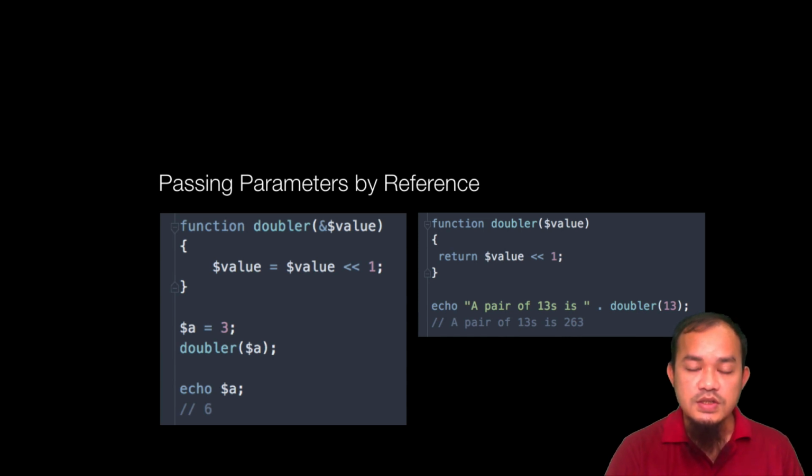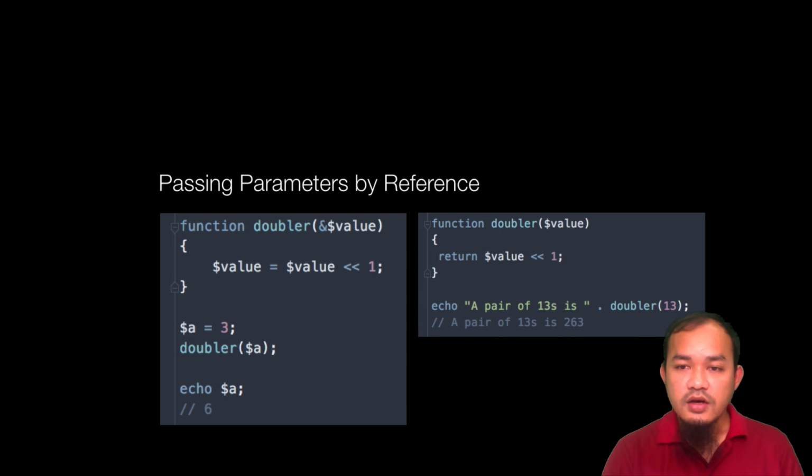Then we do some statement, value equal to value times 2. That means we want to double. For example, we send 3, and it should be doubled one time, equal to 6. This is called doubler by reference.